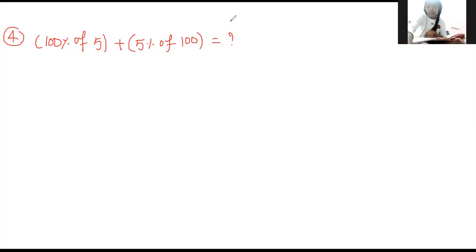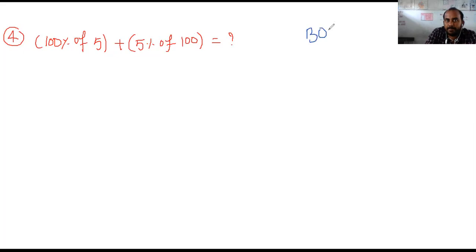Ten, sir. Good. Now see, here the brackets are there. First we have to solve the brackets according to the BODMAS. We can select any bracket first, either this or this. So you select the first bracket, 100 percentage of 5.